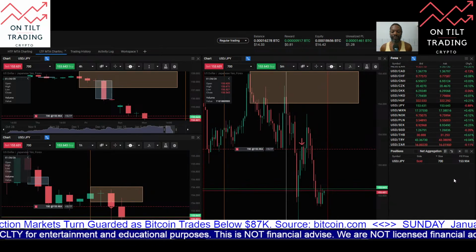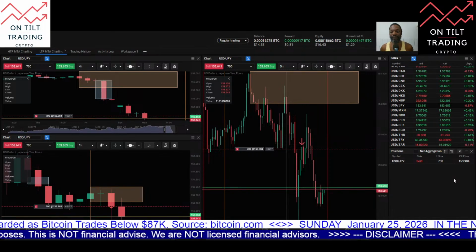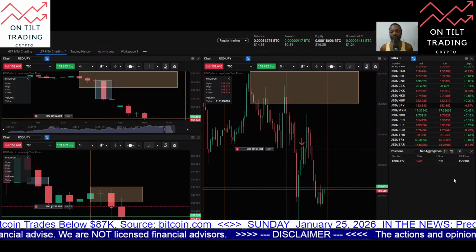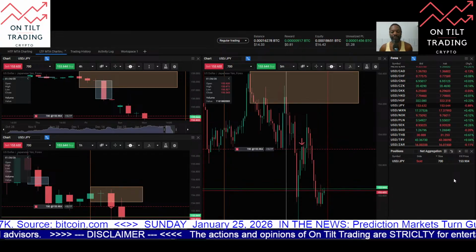Price still trading up and around this lower bearish fair value gap here. Price headed towards 153.650. And price has put in a new 5-minute high.